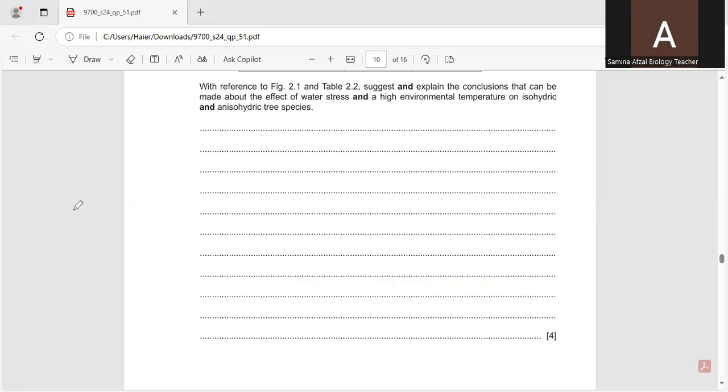So the mean water conductance decreases in both groups.